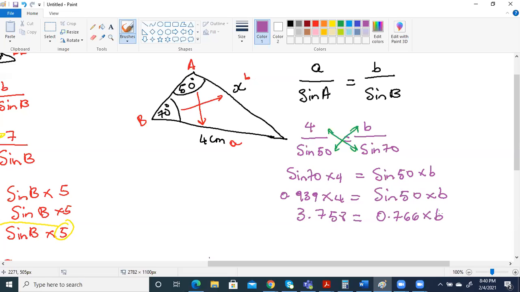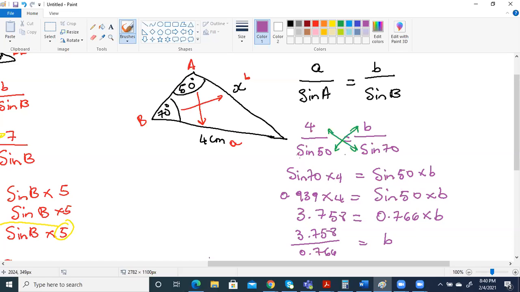So we end up with this answer here. What we need to do now is get 0.766 across the equal sign. Because it's being multiplied over here, when we carry it over, it's going to be divided. So we're going to have 3.758 over 0.766 equals b.